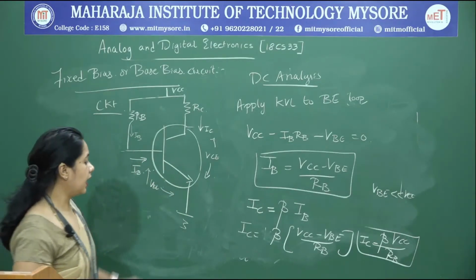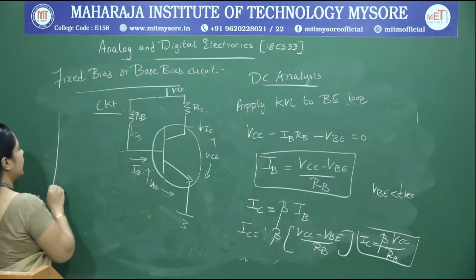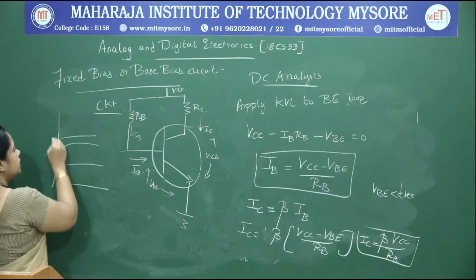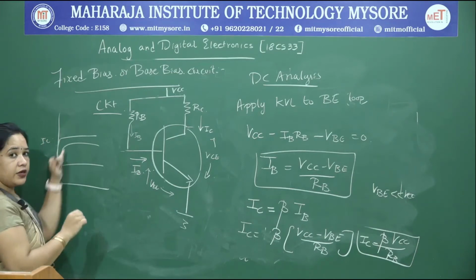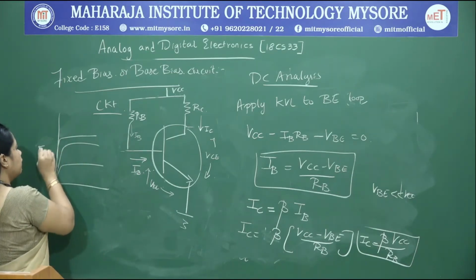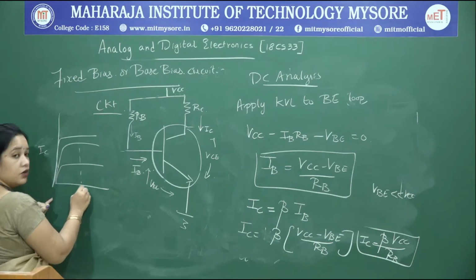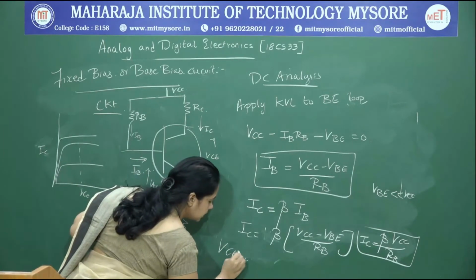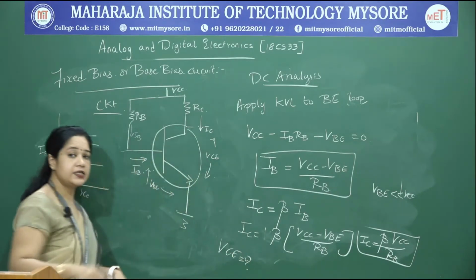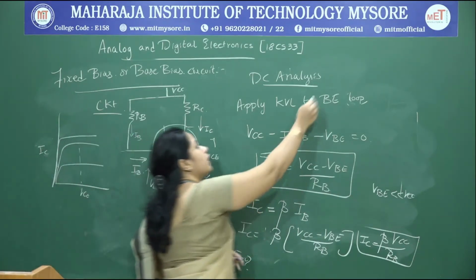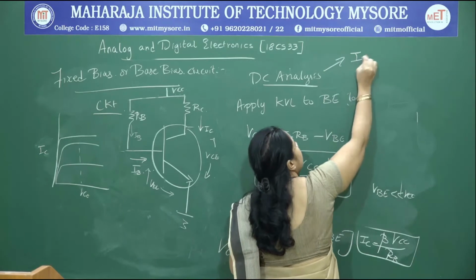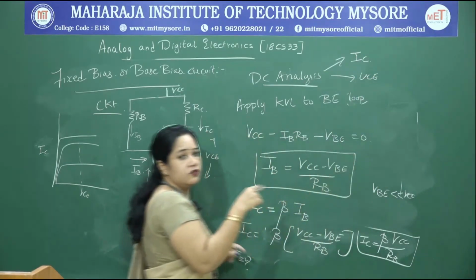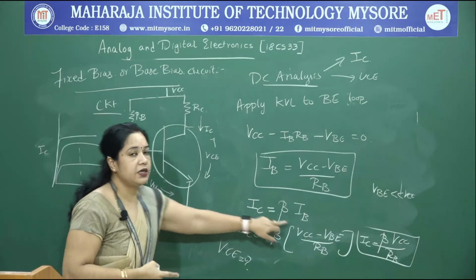Now, I am done with determining IC on the output characteristics. Next, I need to determine the corresponding value of VCE. Determining the operating point involves determining IC as well as VCE. How do you determine IC? IC is given by beta into IB.